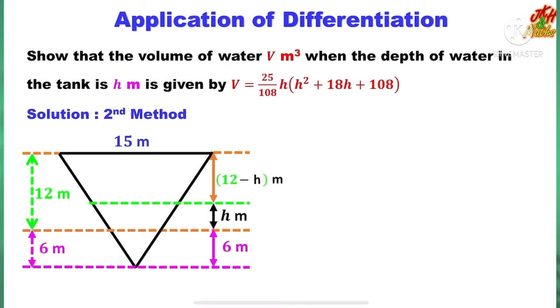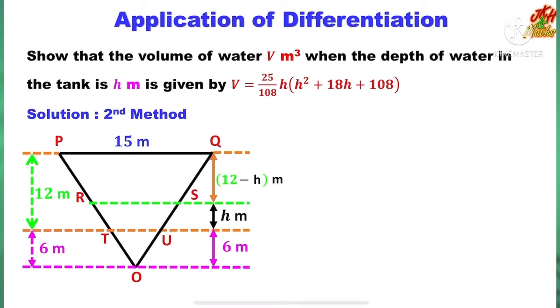Let's say we label the points on the triangle: this is point P, point Q, point R, point S, point T, point U, and point O. Based on this cross section, OTU is a similar triangle with triangle ORS, and also triangle OTU is similar to triangle OPQ.